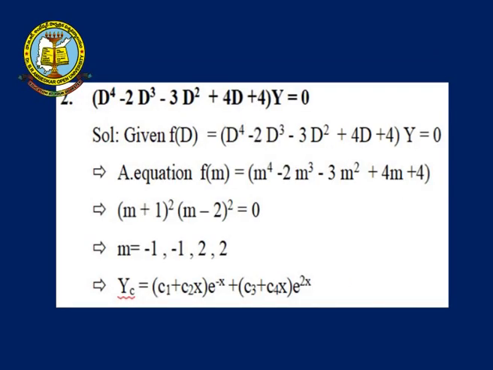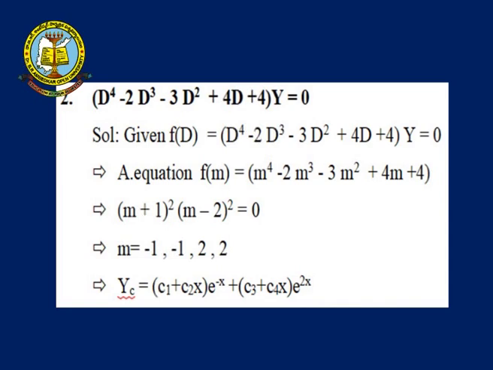Now another example for finding the complementary solution: D power 4 minus 2D cube minus 3D square plus 4D plus 4 into y equal to 0. Here the auxiliary equation f of m is m power 4 minus 2m cube minus 3m square plus 4m plus 4. Now the roots are identified: m plus 1 whole square, m minus 2 whole square equal to 0.